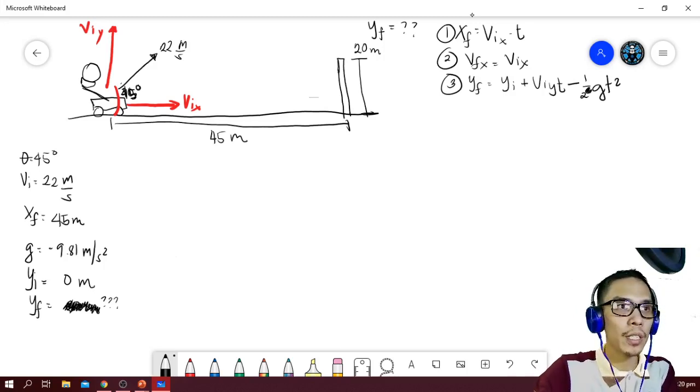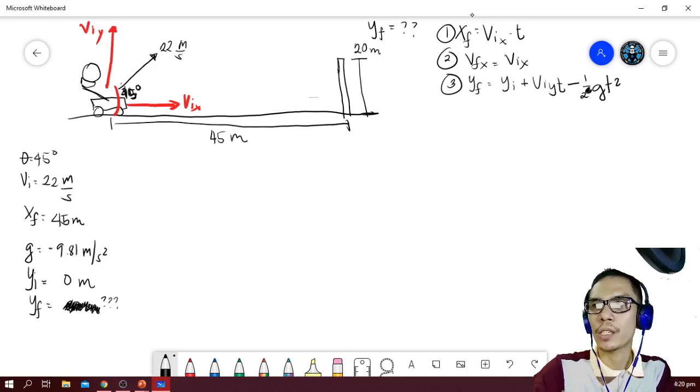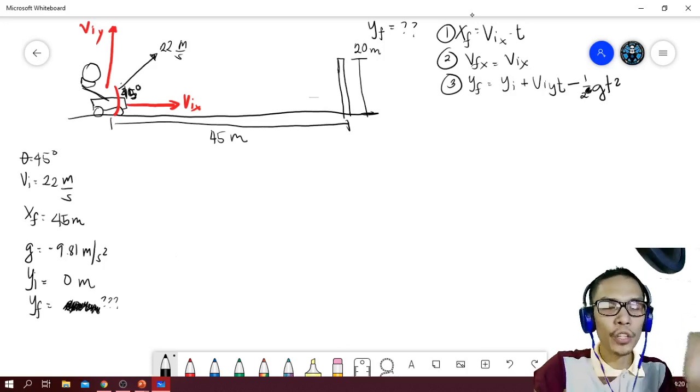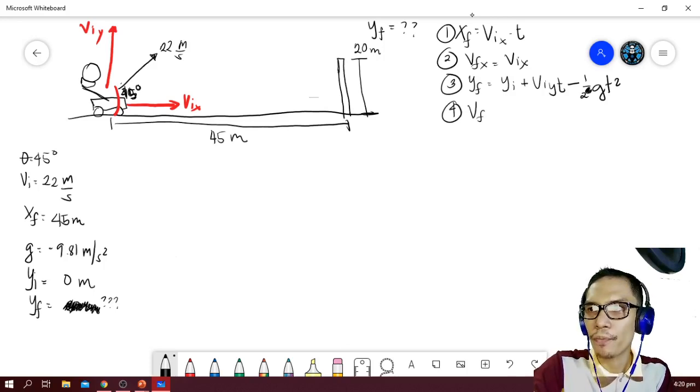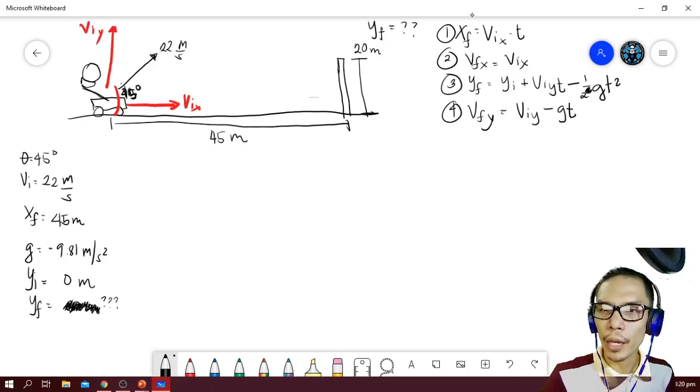By the way, disclaimer, we are not using air resistance here, so ignore air resistance in our problem. And number 4, v sub fy is equal to v sub iy minus g t.